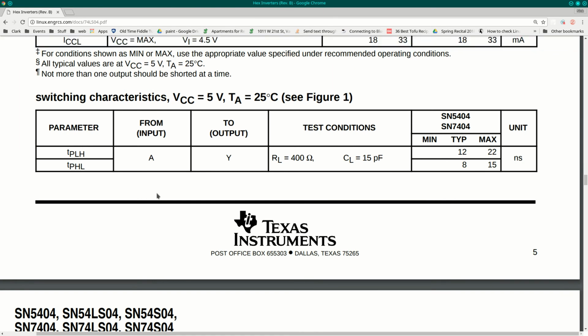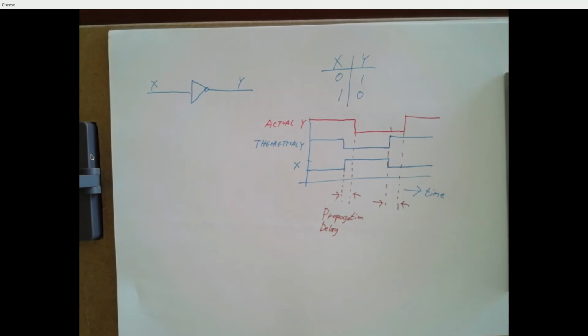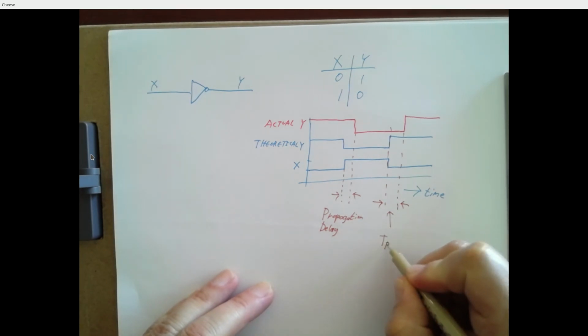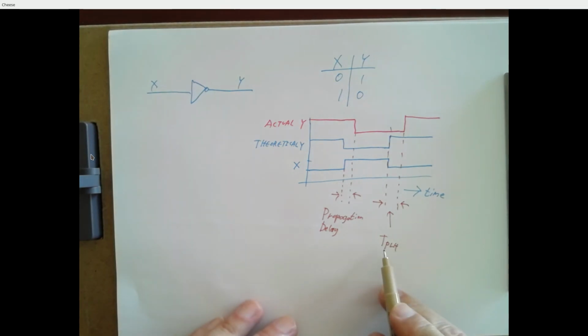So switching characteristics, switching means changing state, right? So here's something, TPLH. That's the propagation delay for the output to go from low to high.